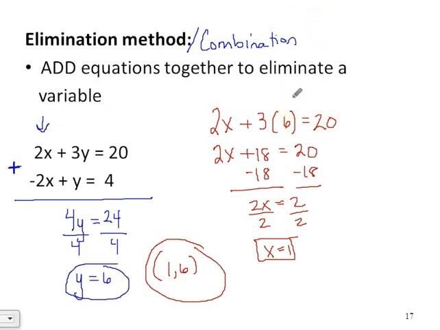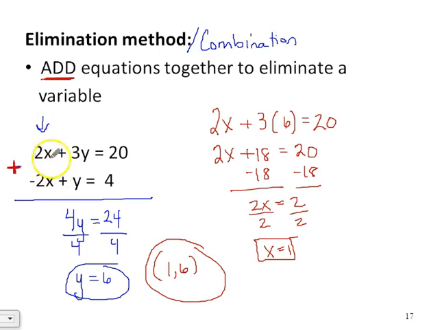So you're going to learn more about doing this. That's the last problem I'm going to do for the recording, but I do want to remind you that when you use the elimination or combination method, we're adding the equations together.